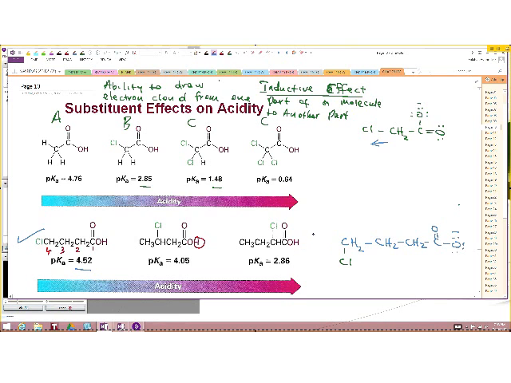So if you are given a set of molecules and asked which is the most acidic, based on the pKa value, going from most acidic to least acidic, you should be able to do that, given the information we have just given you.